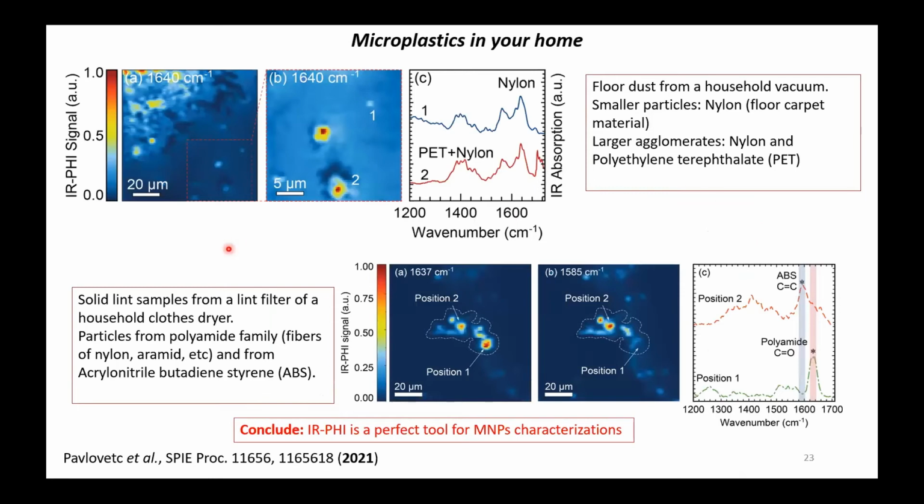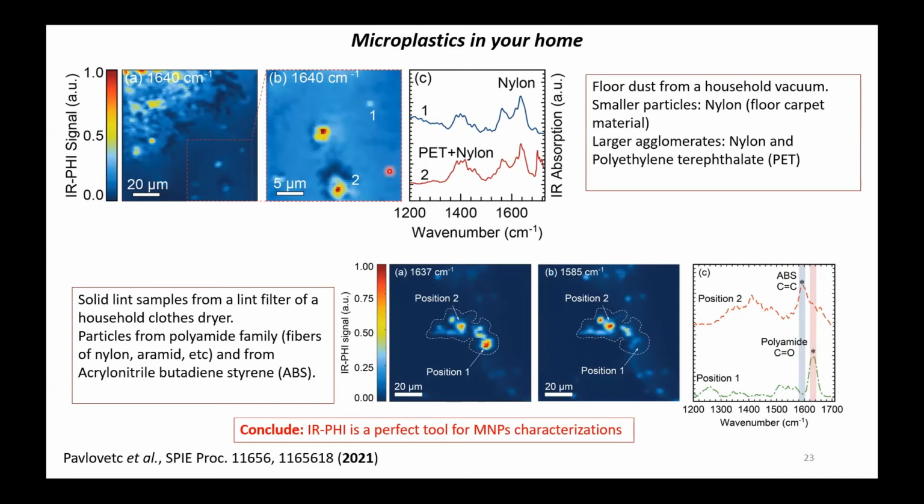Beyond this, it's not just something simple like tea bags. Microplastics exist everywhere. Here are a couple of examples of general household items. This is dust from a household tobacco. And indeed, there are lots of particles present, a lot of plastic. Most of these particles are coming from nylon, which is what carpets are made of.